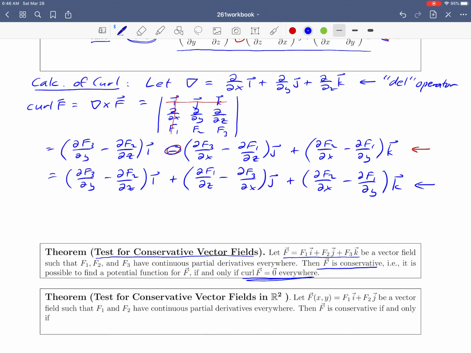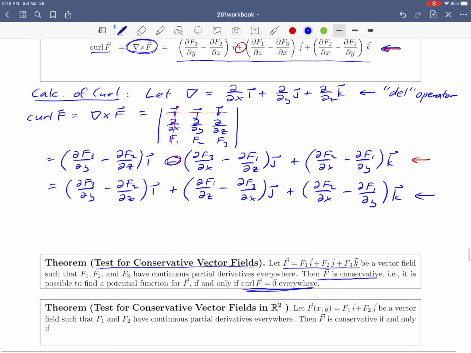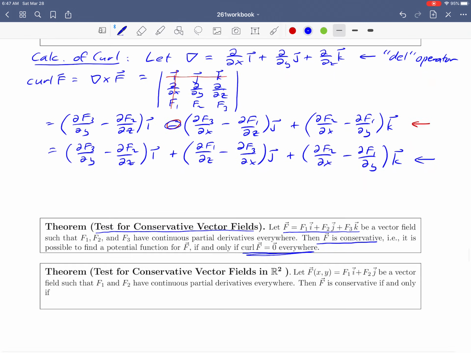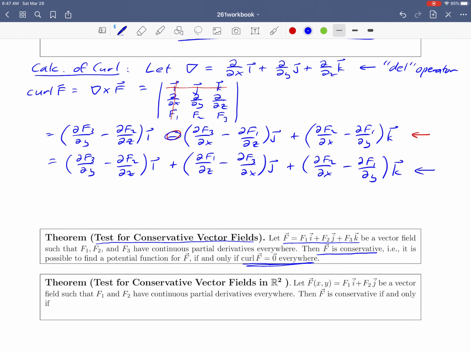In other words, if I give you a three-dimensional vector field and ask you, is it a conservative vector field, is it a vector field that we can find a potential function for, what you need to do is to calculate the curl using this process, and it will be conservative exactly when you get a 0 for every term in this big long curl formula. That's our test to see if we have a conservative vector field. We'll do an example a little bit later on to illustrate how that works.